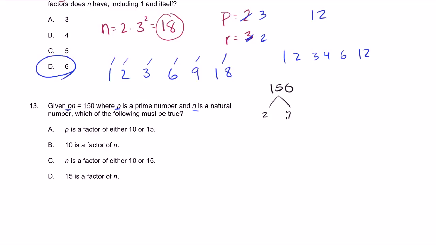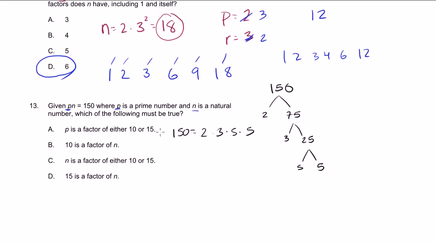That's 2 times 75. 75 is 3 times 25. 25 is 5 times 5. So 150 is equal to 2 times 3 times 5 times 5. That's its prime factorization.